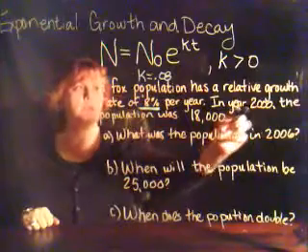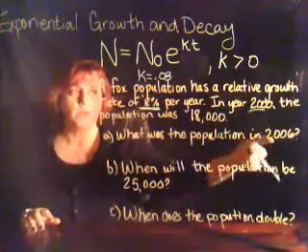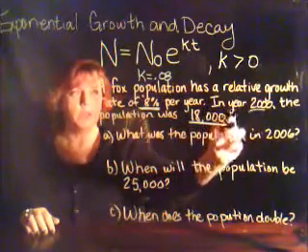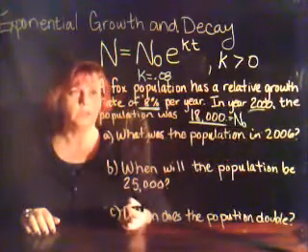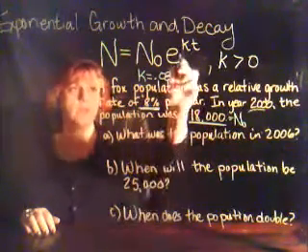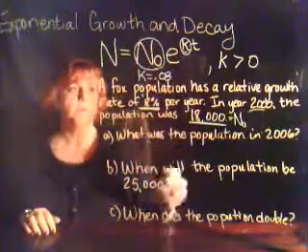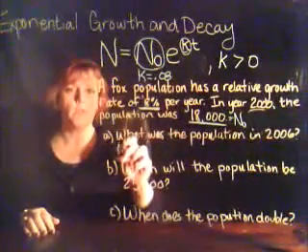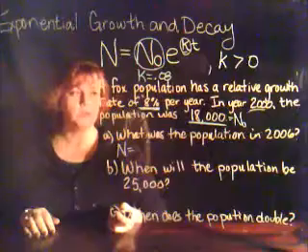In the year 2000, so this is our beginning year, that's going to help us in finding this one. Population was 18,000, so our initial population is 18,000. So we know k, and we know our initial one, and we're trying to find one of the others. In this case, we're looking for what is N, the population in 2006.